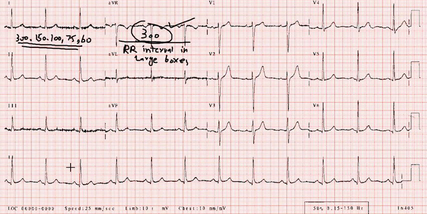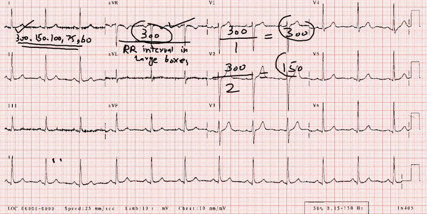Now if there is one large box between two R waves, the heart rate will be 300 divided by one large box, which is equal to 300. This 300. If there are two large boxes between two consecutive R waves, 300 divided by two large boxes is equal to 150. This one.